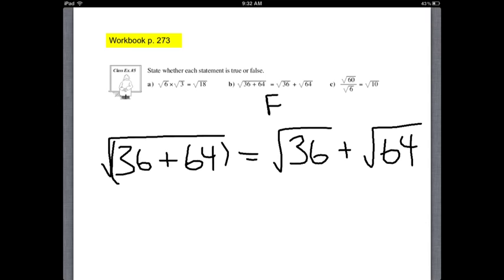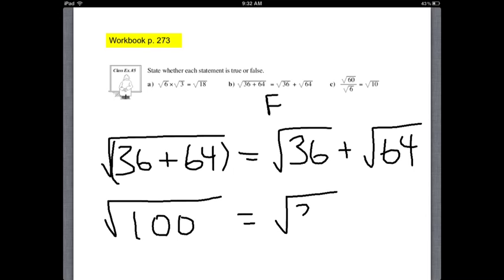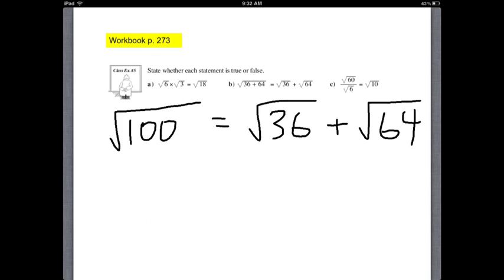So if you add everything underneath this root sign, you will get the square root of 100 is equal to the square root of 36 plus the square root of 64. So if you do take the square root of 100, that's actually going to be 10. The square root of 36 is 6, and the square root of 64 is 8. Big problem here. 10 is not equal to 6 plus 8. So B is going to be false.